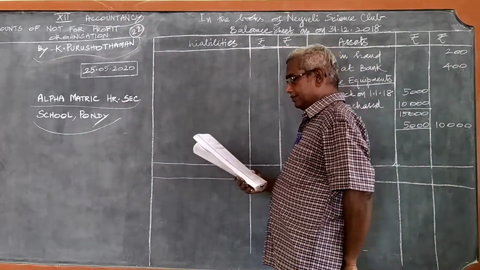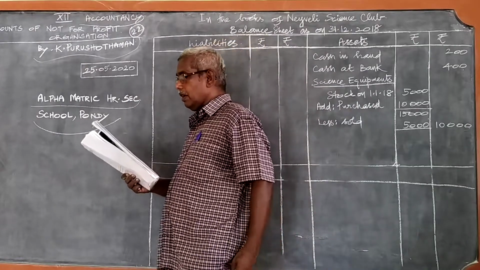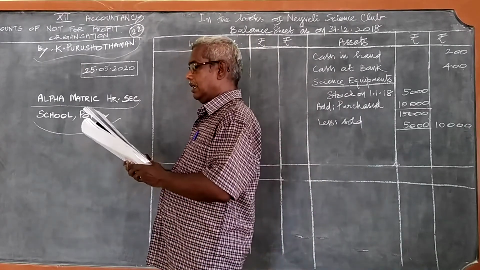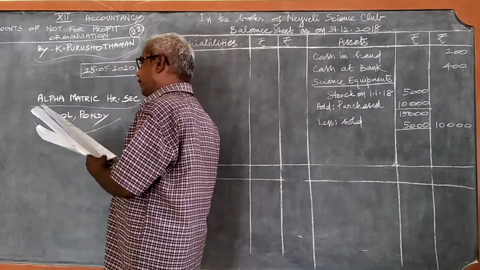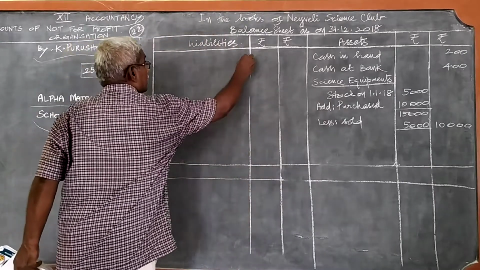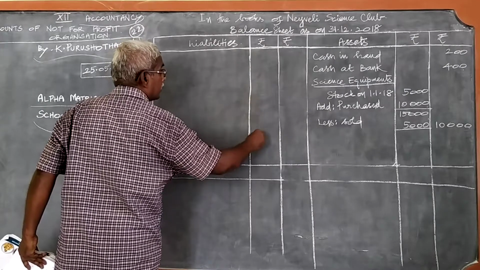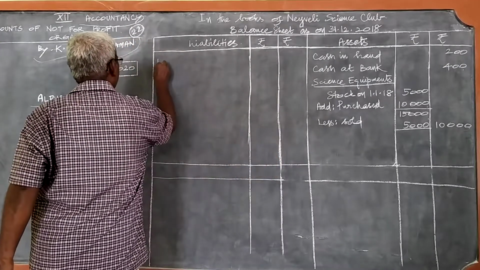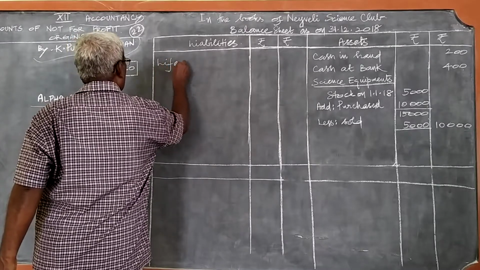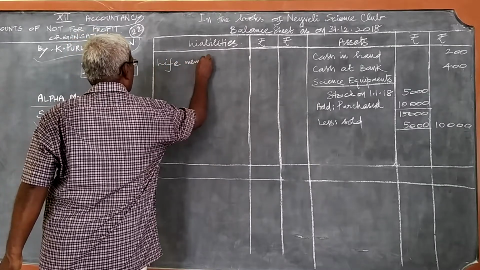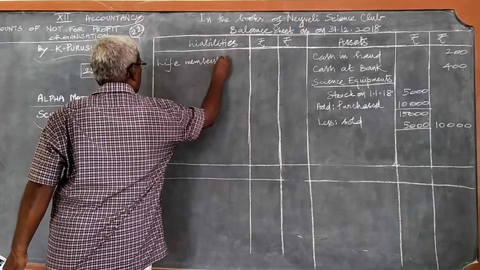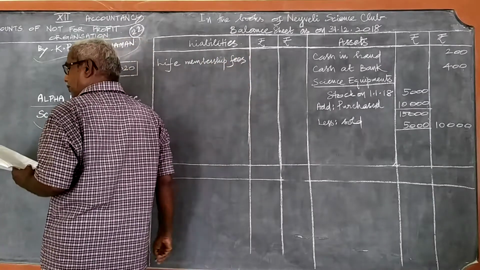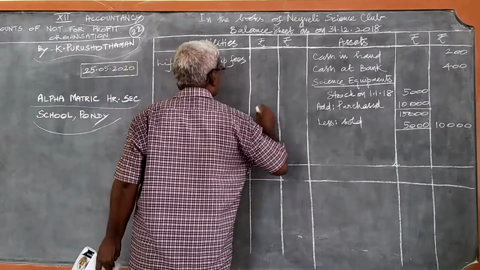Okay, then go to the liability side. Life membership fees 5,000.